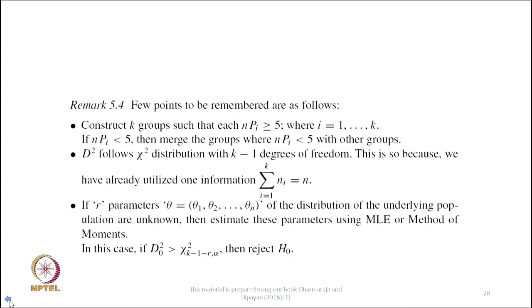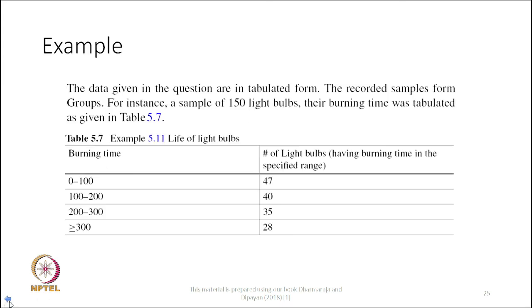The question is whether the burning time of light bulbs follows exponential distribution or not. That means the burning time of light bulbs forms a population, and the statement is whether that is going to be exponential distribution or not.